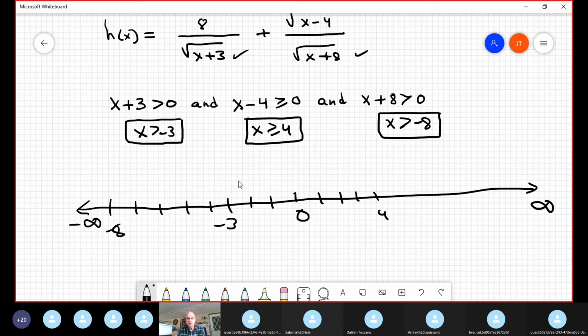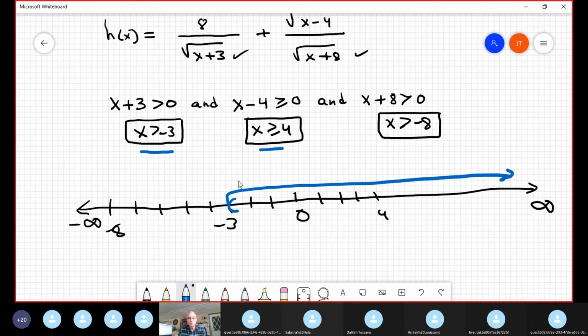Okay, ready. Negative 3. Let me use a color. x greater than, like that. Do not include this. Green color for this one, greater than or equal to 4. And a bracket here.